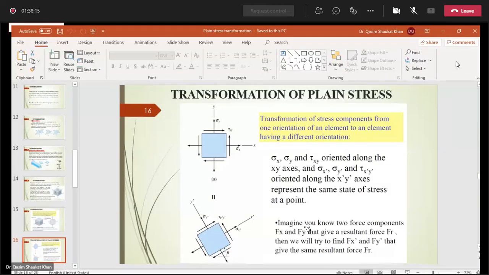Now, the summation of forces about the x axis and the y axis will give a resultant force. Similarly, the summation of forces about the x dash axis and y dash axis will give us the same resultant force Fr.